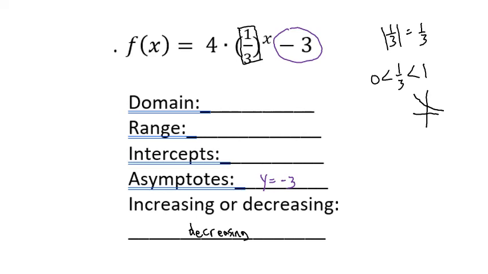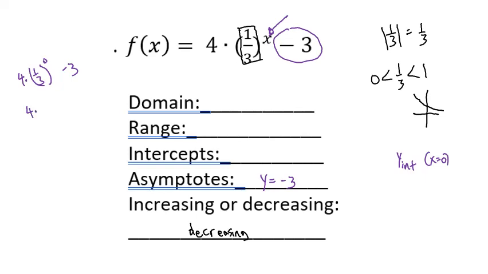What about our intercept? Remember, our y-intercept will happen whenever x is equal to 0. So if we substituted 0 here for x, what exactly would happen? Well, our problem would look like 4 times 1/3 to the 0 power minus 3. 1/3 to the 0 power is 1.